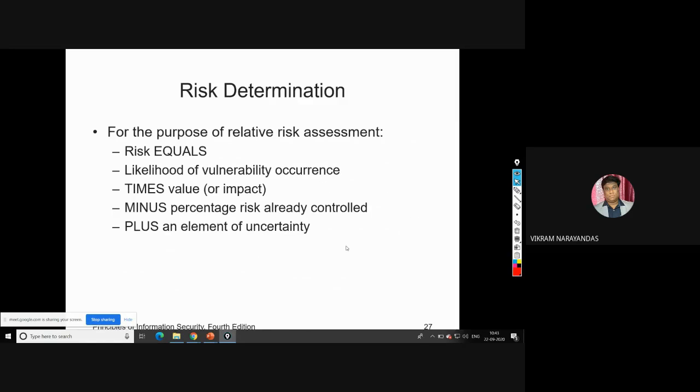There is a formula for risk determination for the purpose of relative risk assessment.